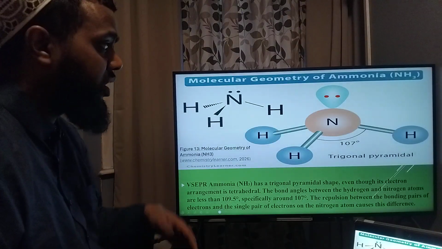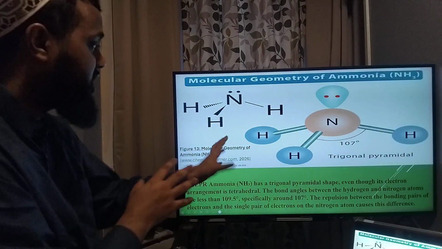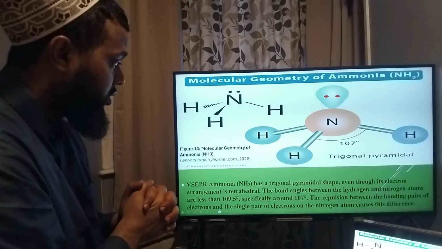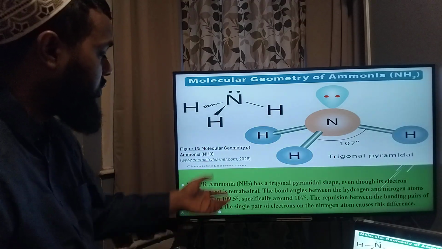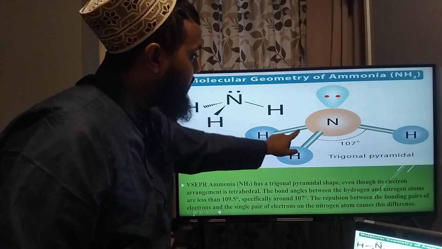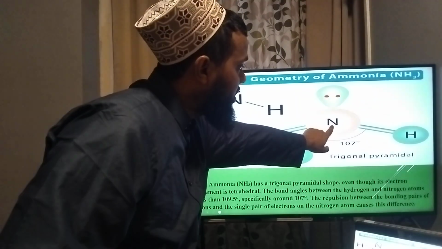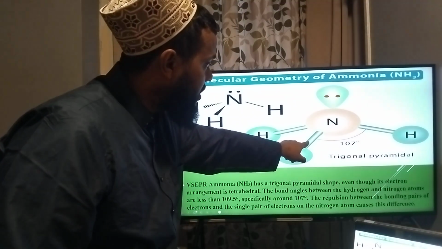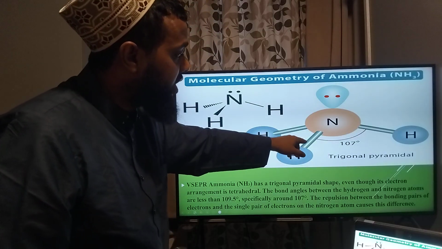Lastly, we have VSEPR, the term for the structure, the shape of the chemicals, the shape of compounds. For example, we have NH3. The theory is that the electrons around the center atom repel each other as much as they can.